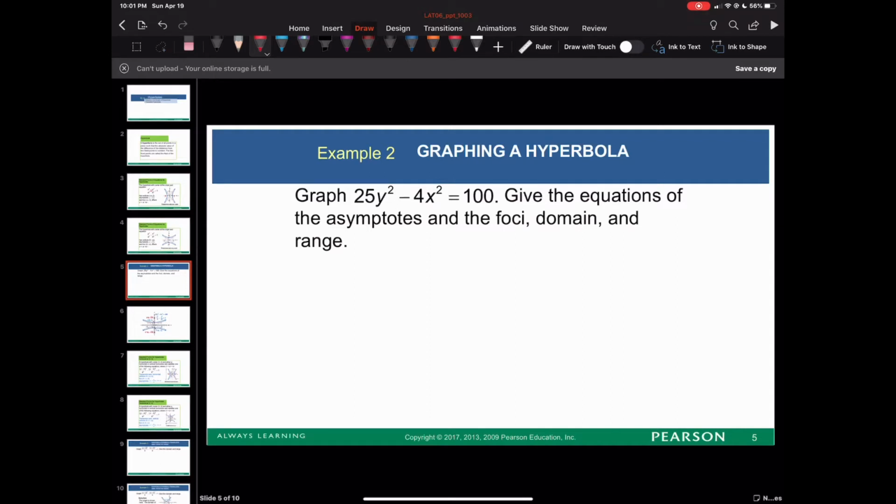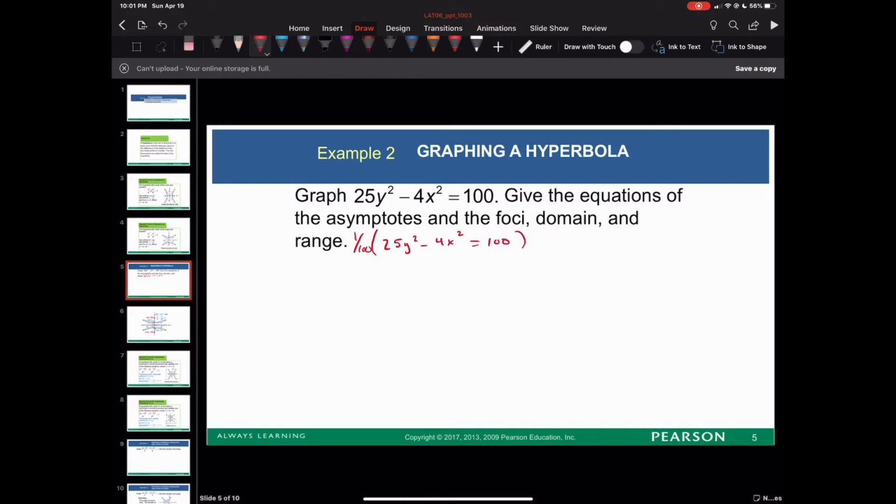All right? So first you need to put it in a form that you can actually use. So we've got 25y squared minus 4x squared is equal to 100. Now, we're going to do like we did before. We're going to multiply by 1 over 100. If you notice, I've just been dividing by the number it's equal to.